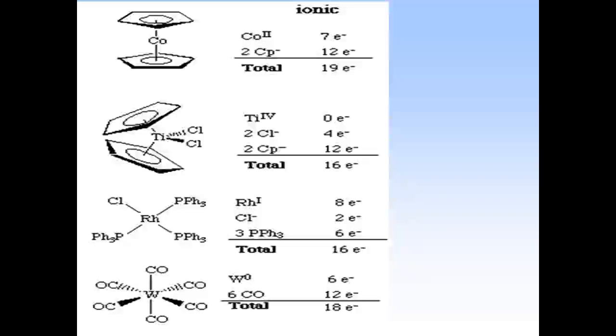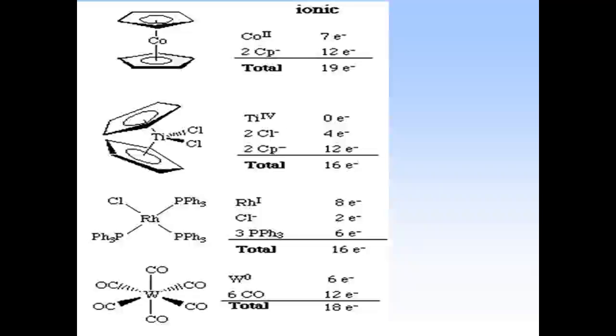Each cyclopentadienyl ring contributes 6 electrons. 2 cyclopentadienyl rings are present, therefore 12 electrons can be donated to cobalt.